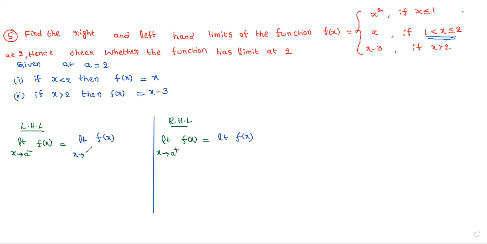Same formula. The limit as x extends to 2 minus of f of x is the limit as x tends to 2 minus of x, so replace x with 2. Then the limit as x extends to 2 plus, meaning values more than 2, the condition is x minus 3; substituting x value, 2 minus 3, that is the value minus 1.